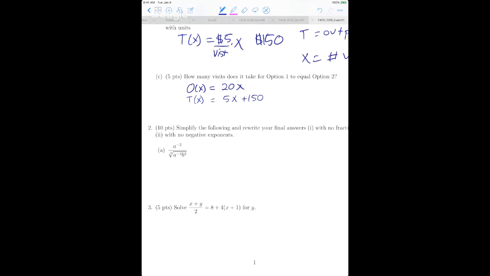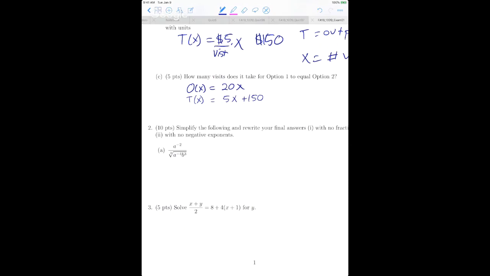Well, how many visits does it take for option 1 to equal option 2? So what we mean by that is, when is it going to cost the same to have option 1 or option 2 in terms of number of visits?